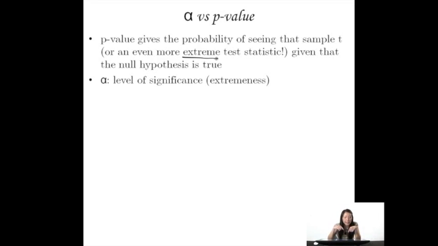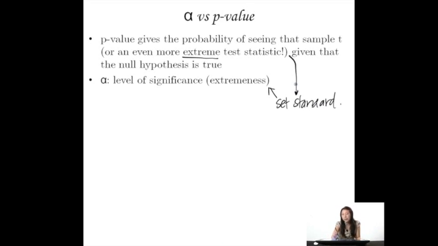And alpha gives you the level of significance, the level of extremeness that you have to reach in order to reject your null. So this is the set standard, and this is the thing that you are going to compare to that set standard.